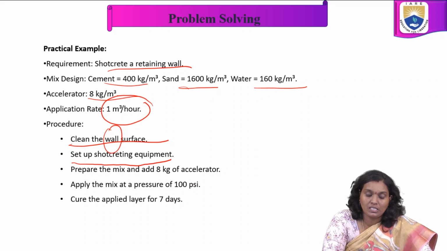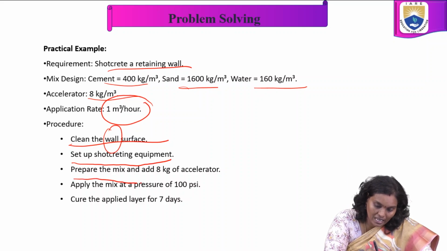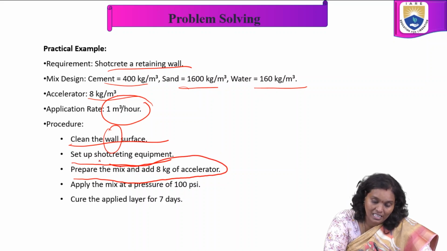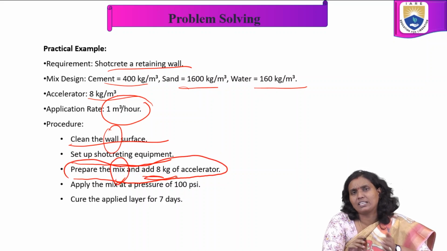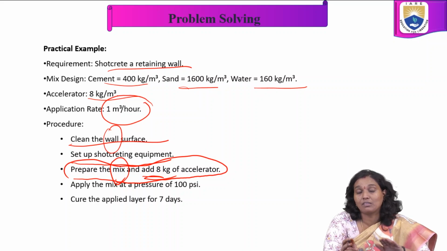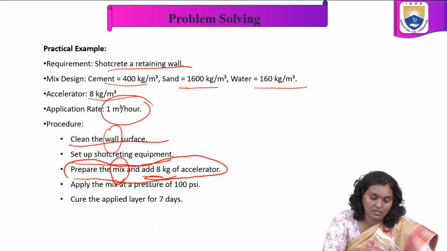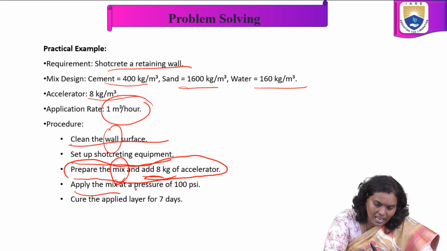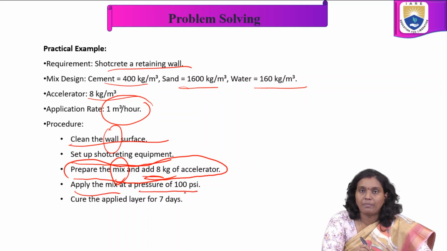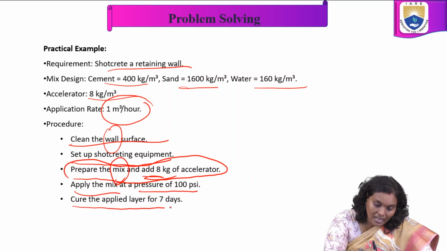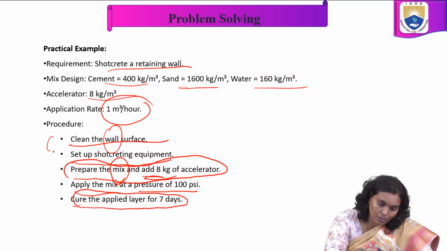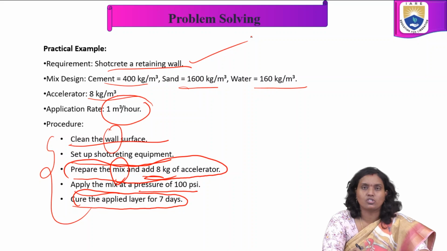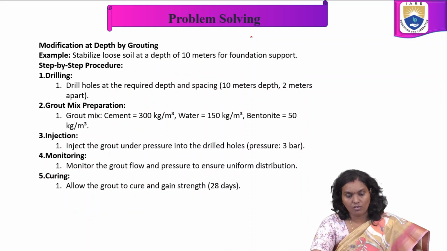We follow the procedure for shotcreting: prepare the mix and add 8 kg of accelerator. That is the difference between adding and replacing, which we previously discussed in previous slides. Apply the mix at a pressure of 100 psi. Cure the applied layer for 7 days. This is the procedure which we follow for the shotcreting of a retaining wall.